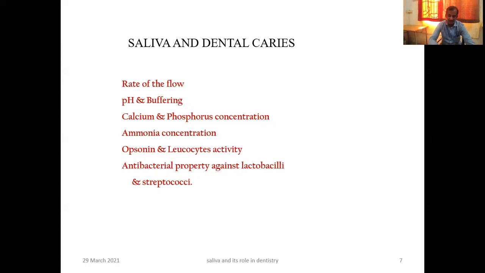Then food debris or bacteria stay stuck to the tooth structure, and the duration that food particles, food debris and bacteria stay on the tooth structure creates the caries lesion. So the rate of flow of saliva is important. It is directly proportional to the caries lesion.